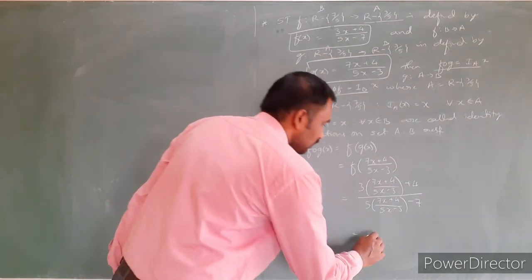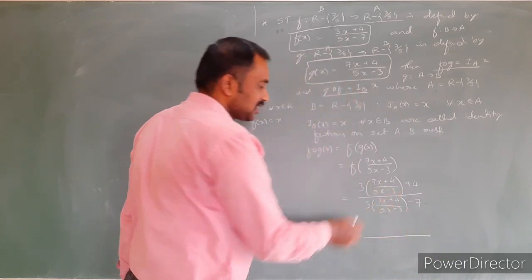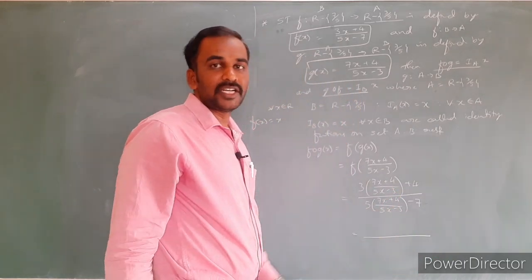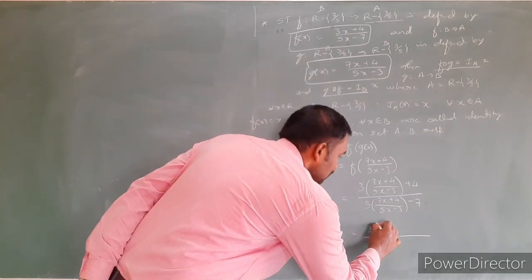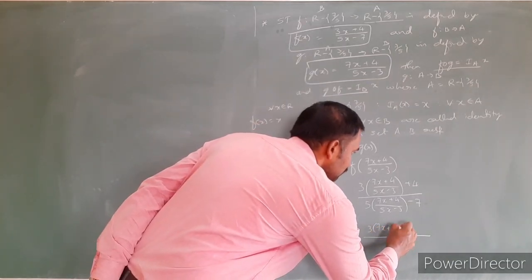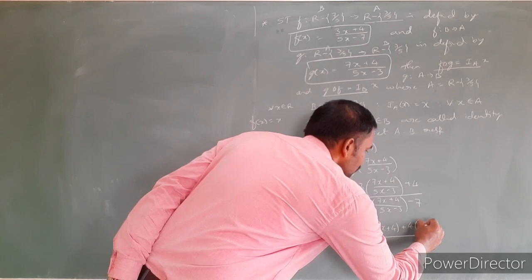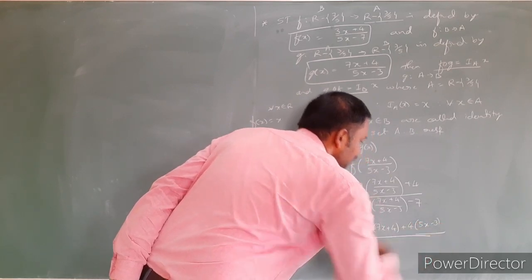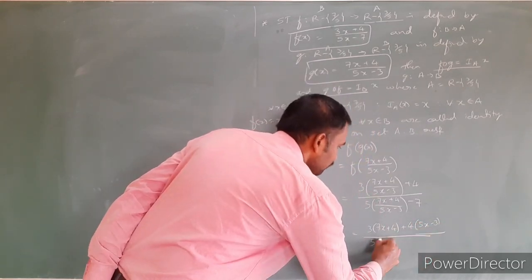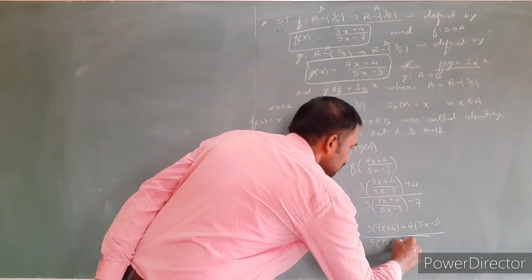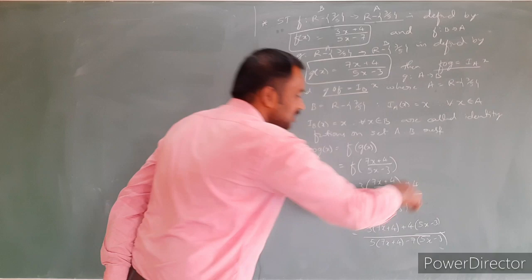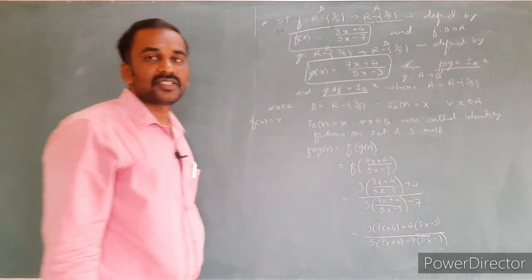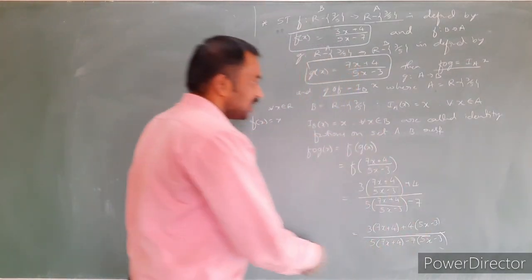The LCM is 5x - 3 in both numerator and denominator, so I directly cancel it. The remaining numerator is 3(7x + 4) + 4(5x - 3), and the denominator is 5(7x + 4) - 7(5x - 3). Now simplify; I will continue here.